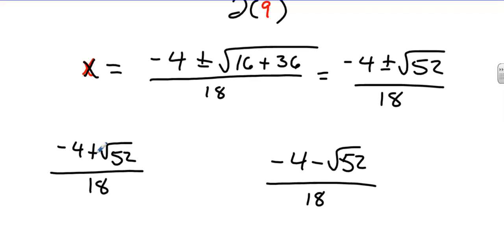So for this one, the square root of 52 is like 7.2. So if you take that 7.2, do negative 4 plus that, that should come out to be 3.211.